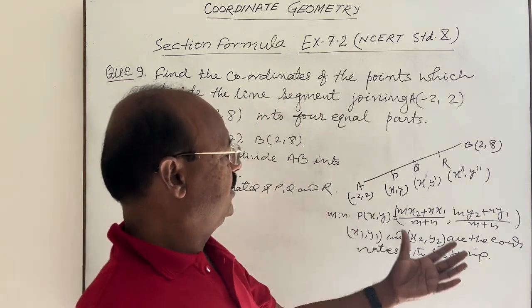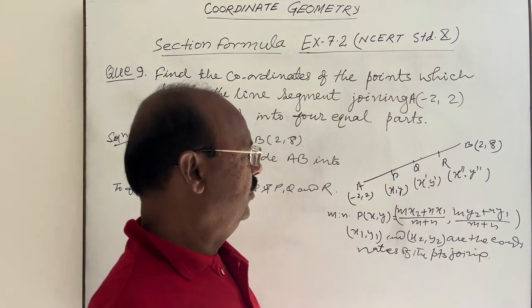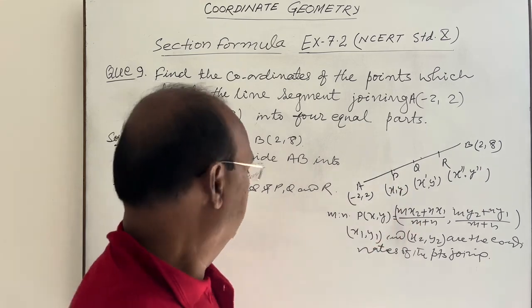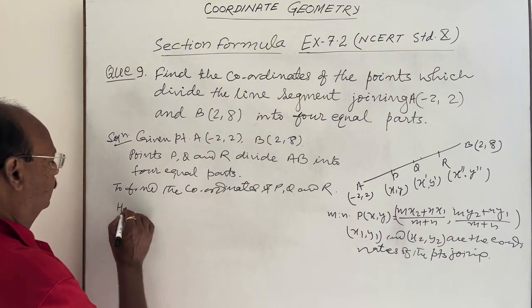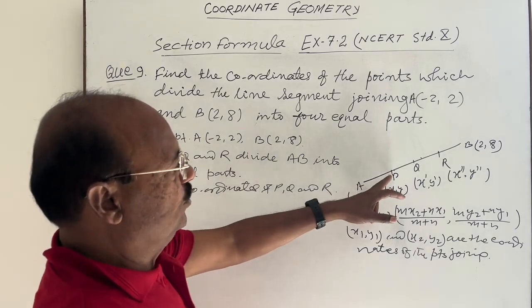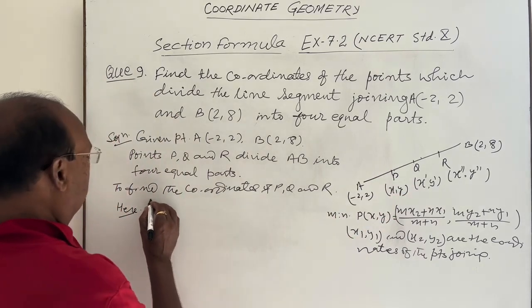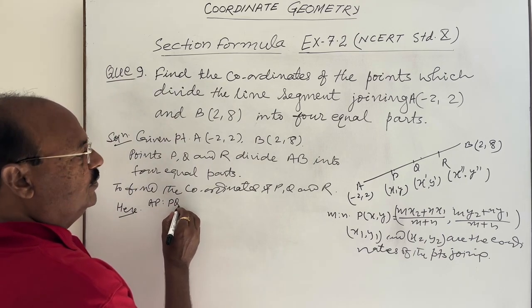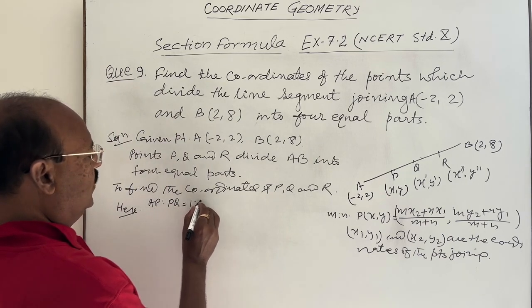So let us use this formula here. First of all, we will find the coordinates of point P. Here you see, the ratio AP to PQ is 1:1.